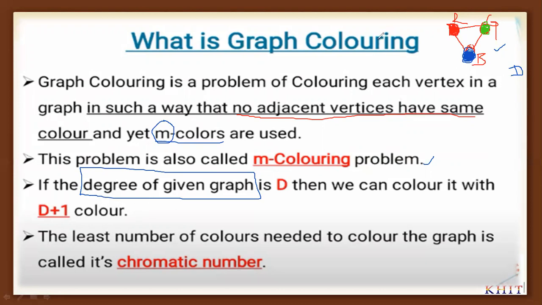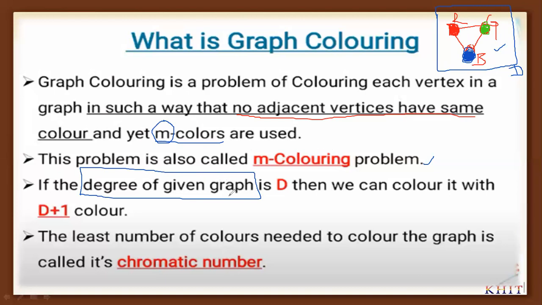Let me try the degree. Now assume this is the graph. The graph contains three vertices: vertex 1, vertex 2, and vertex 3.